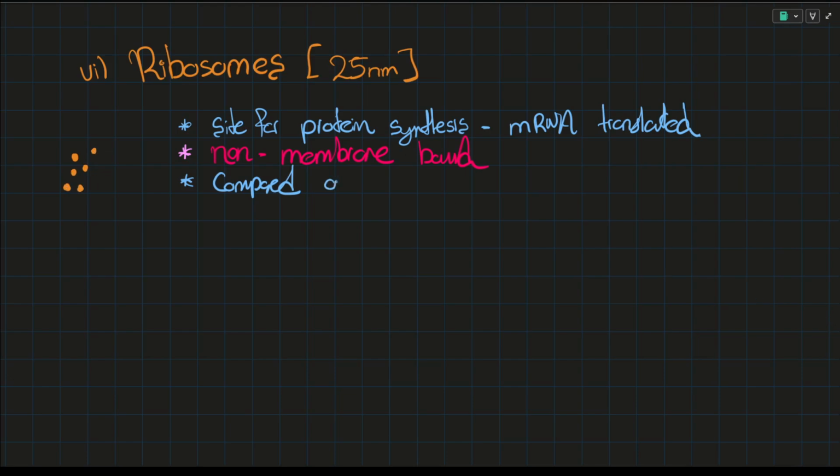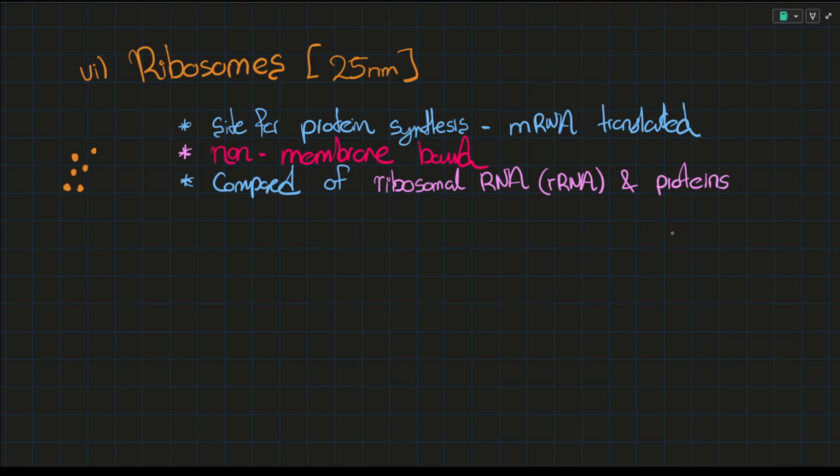Ribosomes are composed of ribosomal RNA, that's too long, right? So you call it rRNA, and proteins.